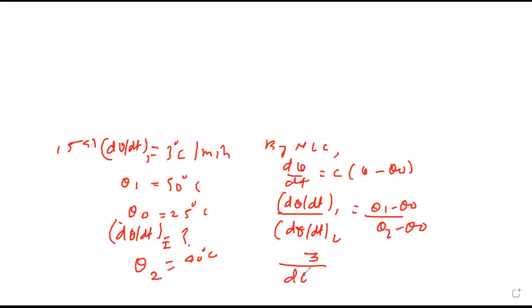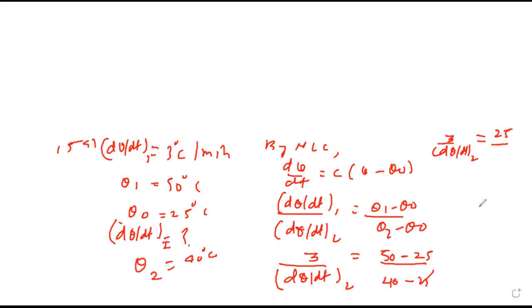So 3 upon the new rate of cooling equals (50 minus 25) upon (40 minus 25), that is 25 upon 15, which is 5 upon 3. So d theta by dt in the second case will be 9 upon 5.